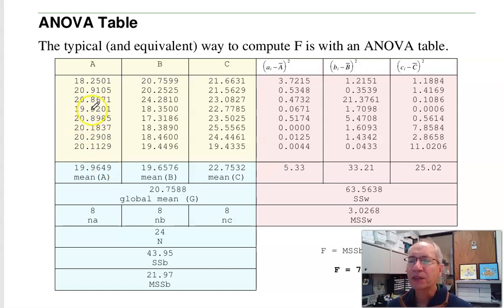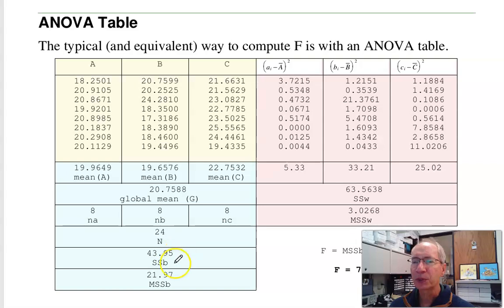I've got my data set for A, B, and C. Given the data, I calculate the mean of A, mean of B, mean of C. Given all the data, I then find the global mean, G. Number of data points for A, B, and C. Total number of data points is the sum of those three.